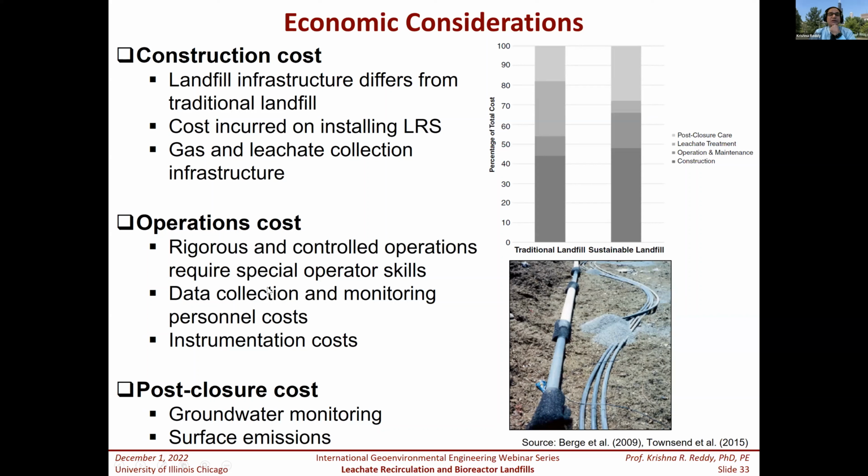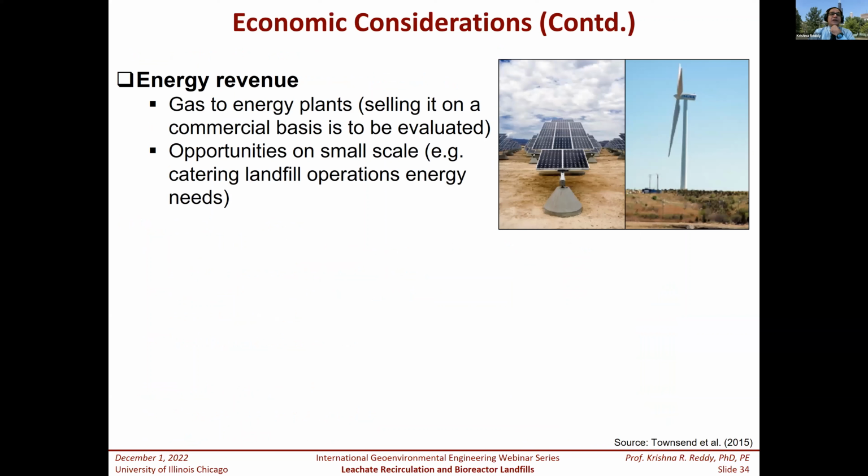So overall, in the life cycle cost, bioreactor landfills are going to be much cheaper than the conventional landfills. Also, other benefits: if you have a conventional landfill, the gas production is very slow and small in amount, so it's not feasible to have gas-to-energy projects.